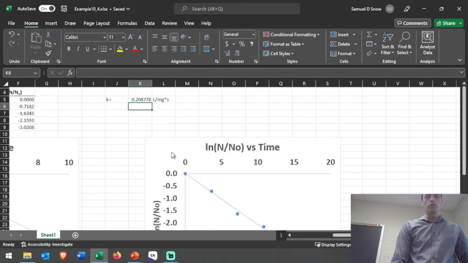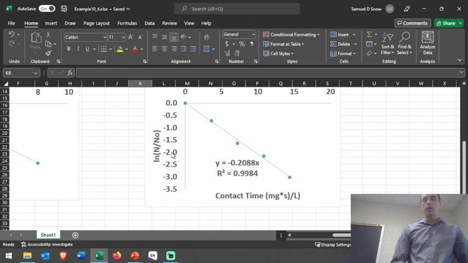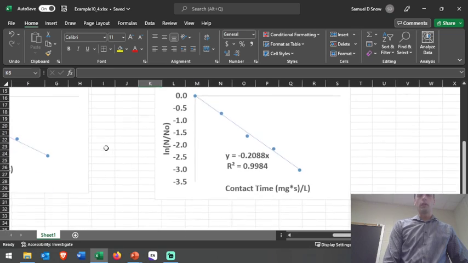I just wanted to show you, sometimes you'll see plots like this if you look at disinfection technologies, publications, things like that. You'll see contact time plotted against the survival fraction, or the natural log or even log survival fraction.